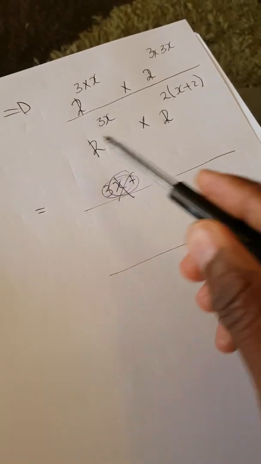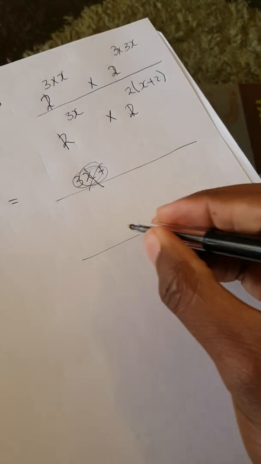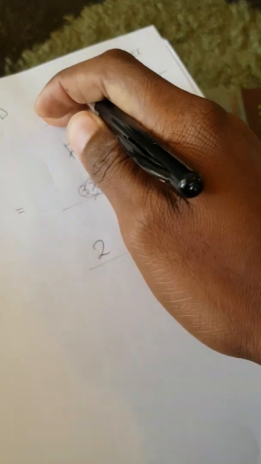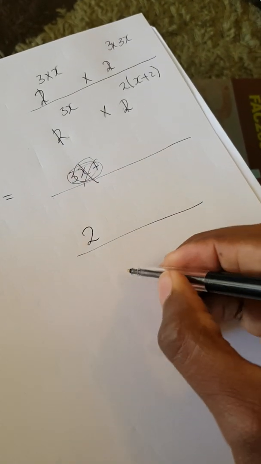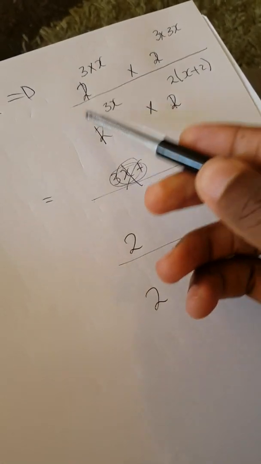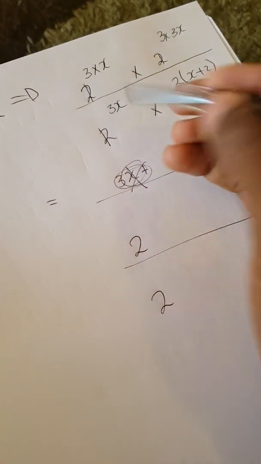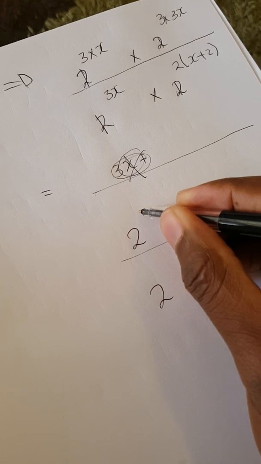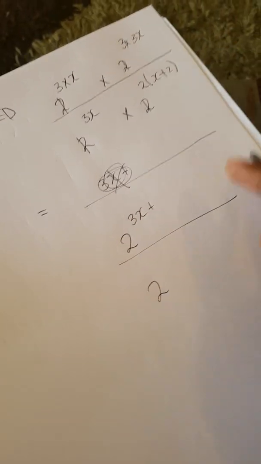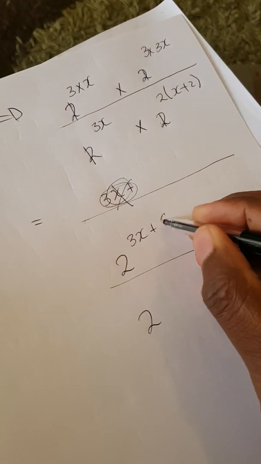Okay, we have the bases of 2, so let's just take one base from each of these. From the numerator, let's take one base. From the denominator, let's also take one base. So the thing is, when you're multiplying similar bases, you add the exponent. So 3 times x, you'll get 3x plus, and then 3 times 3x, you'll get 9x.